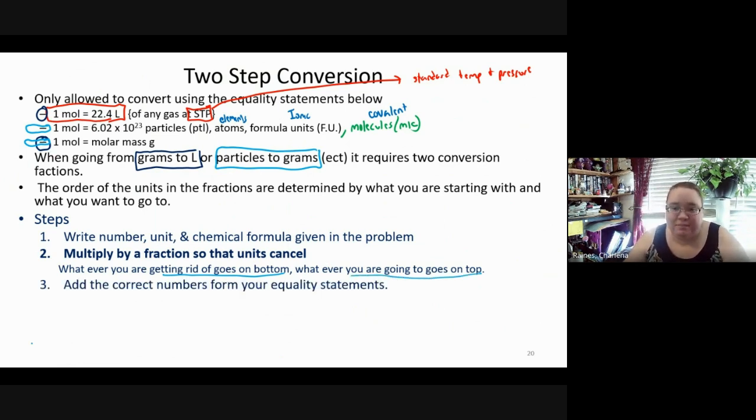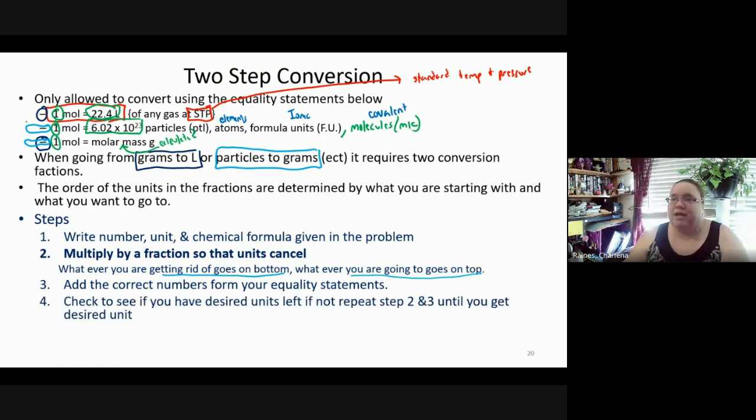We plug in the numbers from our equalities. So again, 22.4, 1, Avogadro's number, or whatever my calculated molar mass is. Check to see if you've got the desired unit. Today we won't. So we're going to have to rinse and repeat step 2 and 3.